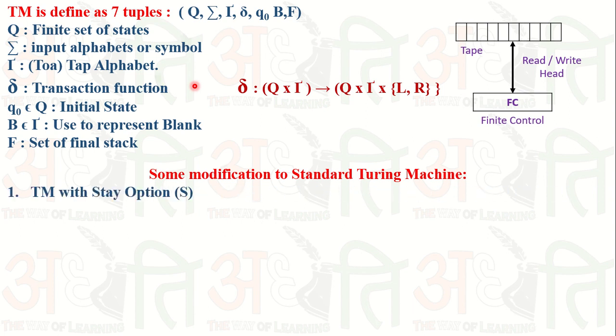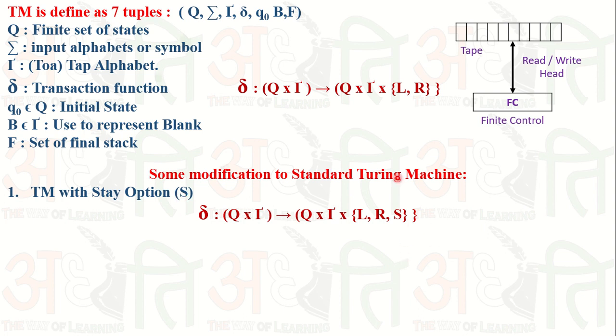There are many variations, and I took some of them in this video. The first one is the Turing machine with stay option. Till now we know that the read-write head can move left or right. But we can also modify the Turing machine by adding one more option, S, which means the head will not move left or right, but stays where it was.